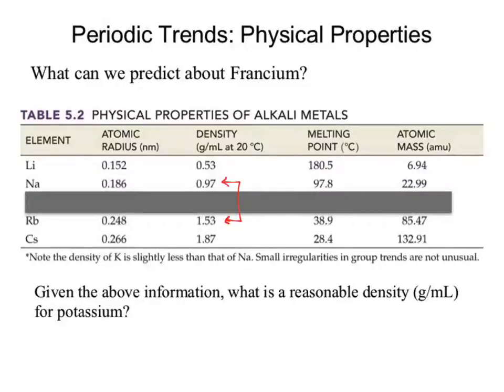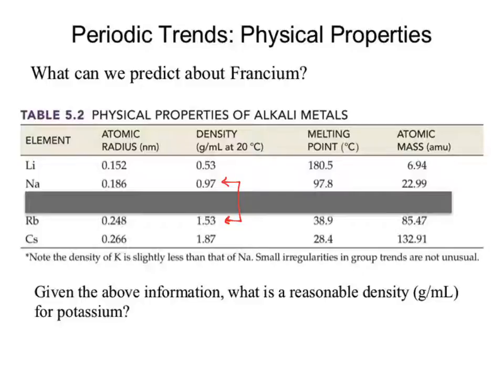Why'd you pick that? Okay, yes, it gets more dense, but you added an extra statement there. It's not just that it gets more dense, it's that it gets more dense as the periodic table goes. So when we look at the elements provided, where are those elements on our periodic table? They're all directly underneath each other.